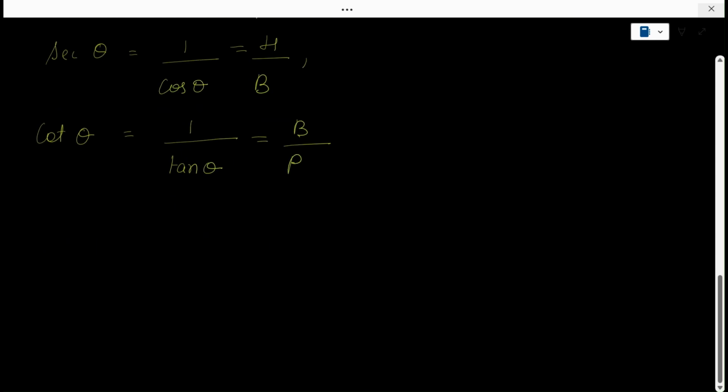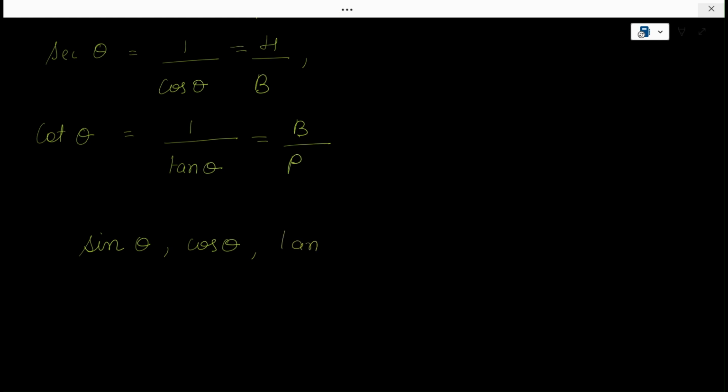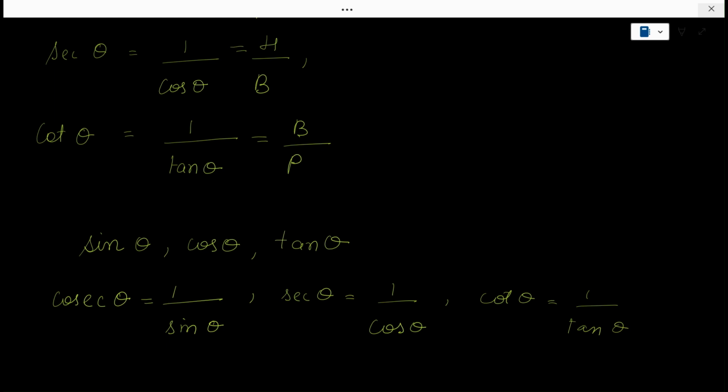So we have 6 basic terminologies, that is sine theta, cos theta, tan theta, which are inversely related to cosecant theta, that is 1 over sine theta, secant theta, that is 1 over cos theta, and cot theta, that is 1 over tan theta.